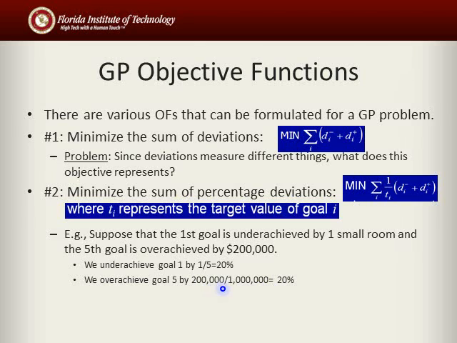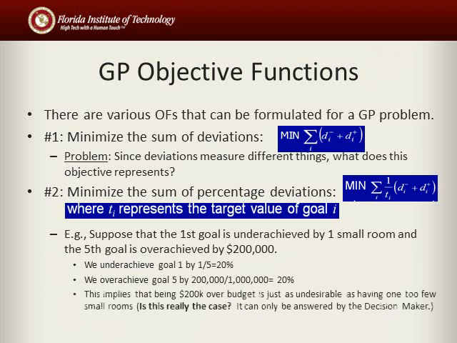It's $200,000 of our target value, which was $1 million. That's 20%. And so this implies that being $200,000 over budget is just as undesirable as having one too few small rooms. I know a lot of decision makers will probably have issues with this, but in terms of percentage, the deviation is the same.